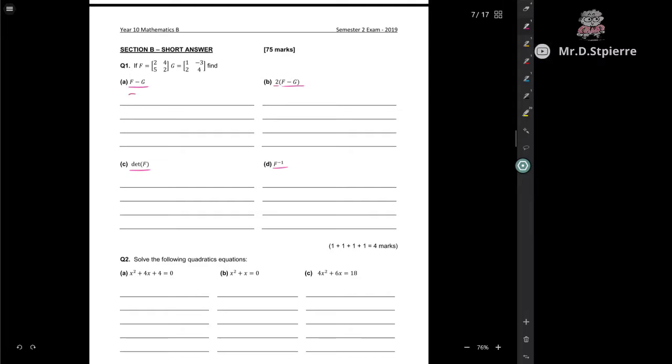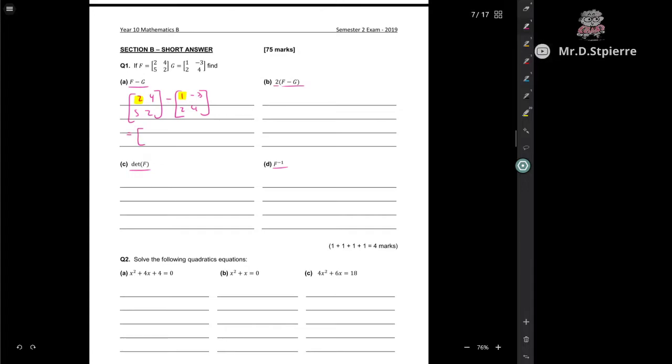So f minus g, we get [2, 4, 5, 2] take away [1, negative 3, 2, 4]. Just like I mentioned in the previous video, to do basic addition or subtraction, we match up the cells or the elements of the matrix and subtract them from each other.